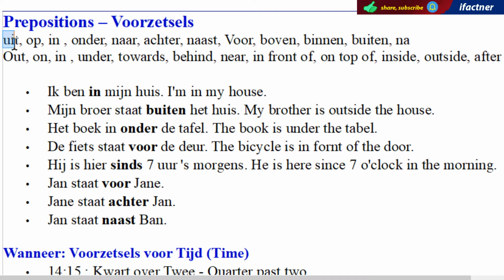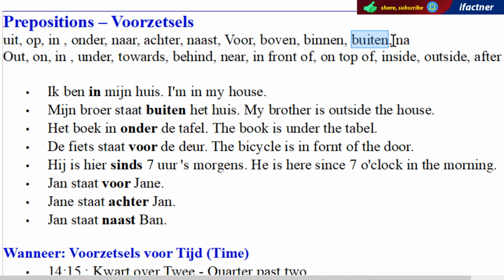For example, uit is for out, op is for on, in is in, onder means under, naar means towards, I'm going towards the market, achter means behind, naast means near, voor means in front of, before, boven means on top of, binnen means inside, buiten means outside, na means after, and so forth.